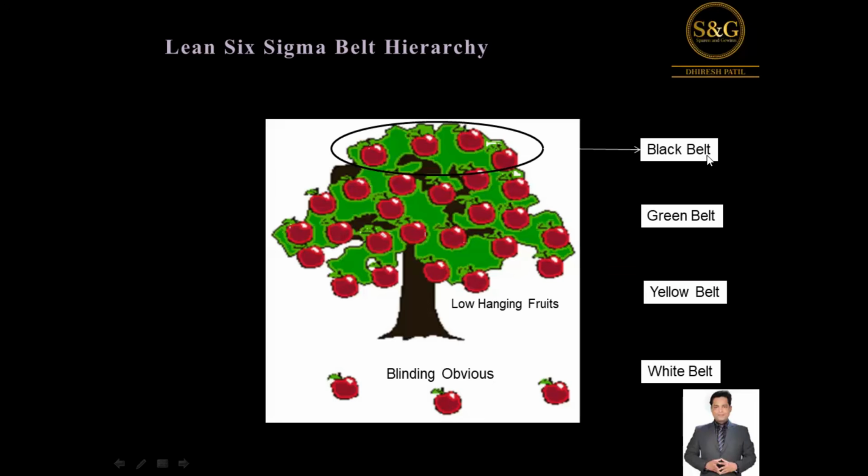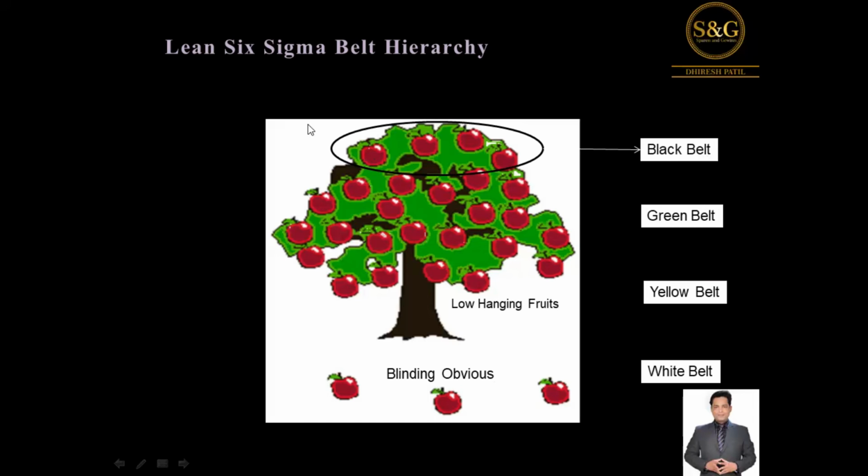Then comes the black belt. Now a black belt level person has more skills than green belts and yellow belts and white belts. In black belts, we cover advanced level statistical tools. So those can be used for certain complex projects in the organization.